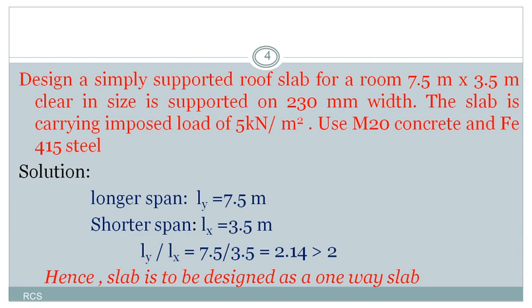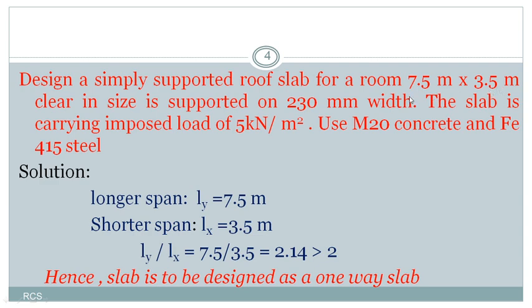Based on the support condition, we have to design a simply supported slab. In a simply supported slab, whether we have to design a one-way slab or a two-way slab, we have to decide here. The size of the room is given as 7.5 meters by 3.5 meters. 7.5 meters is the longer span and 3.5 meters the shorter span.